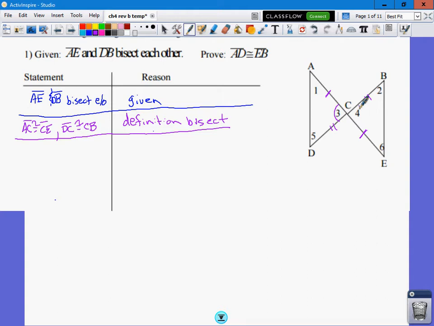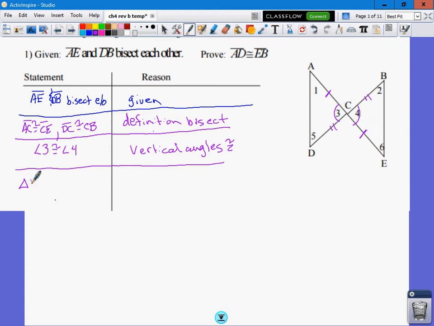I see that I have angle 3 and angle 4 that are congruent because they're vertical angles, and all vertical angles are congruent. Now if I look at my triangle, I see I have a side, an angle, and a side.